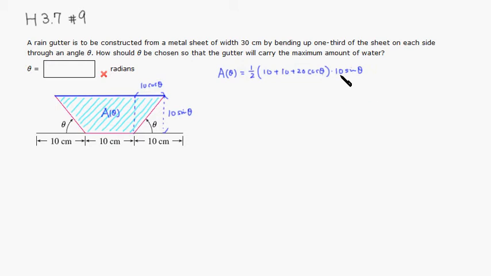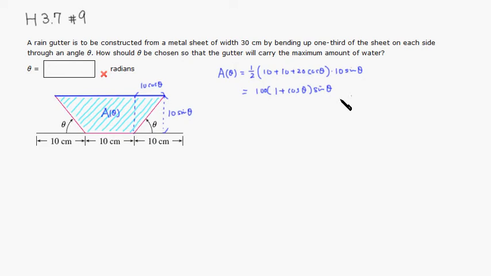This can be simplified: 20 divided by 2 is 10, so pulling out a 10, it's 1 plus cosine of theta, times the 10 pulled out, so 100, times sine of theta.